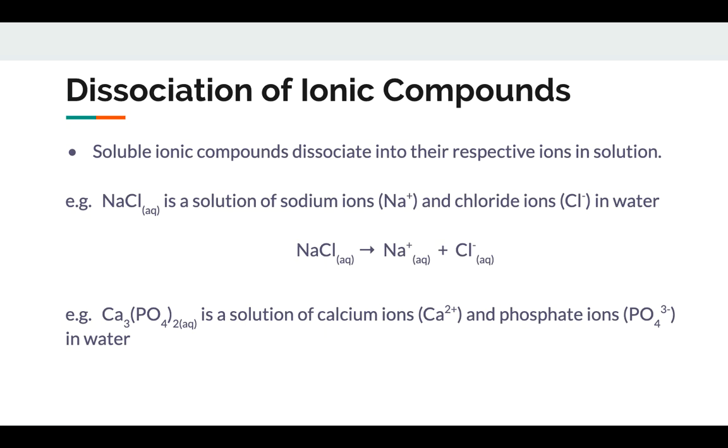And then the dissociation equation looks like this. So you also need to pay attention to those subscripts and how many of each ion you have. So in this case, calcium phosphate is Ca3(PO4)2, so that means there are 3 calcium ions and 2 phosphate ions, which are aqueous as well.